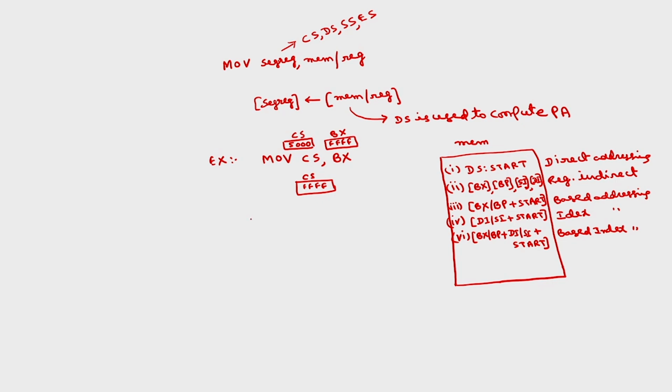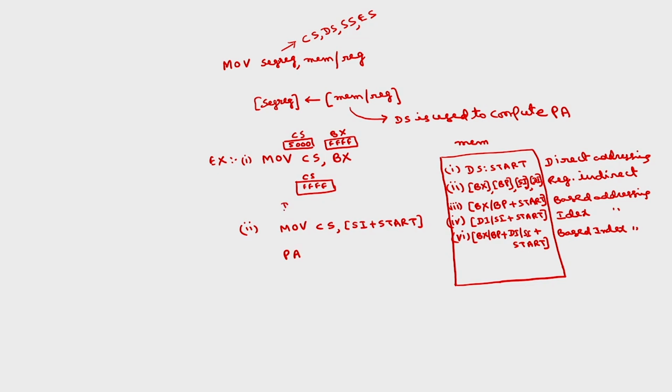Here, if I directly take an example: move CS comma the contents of SI plus start. While calculating the physical address, as I have told, the DS register will be used.